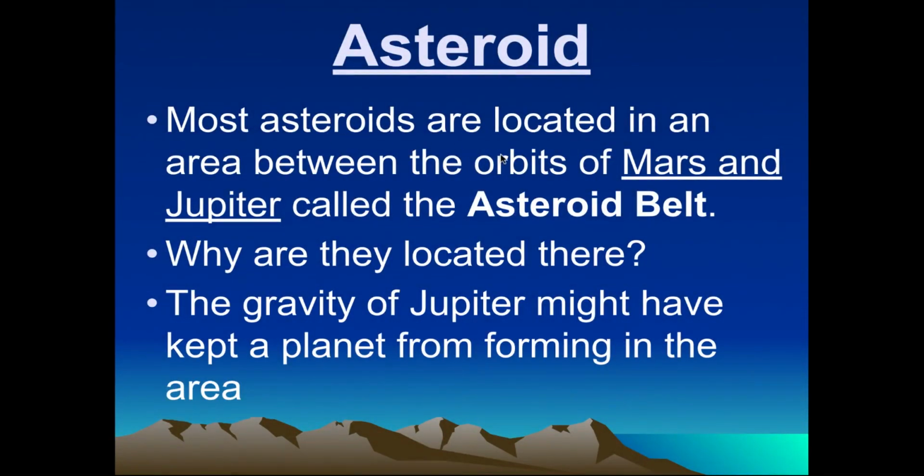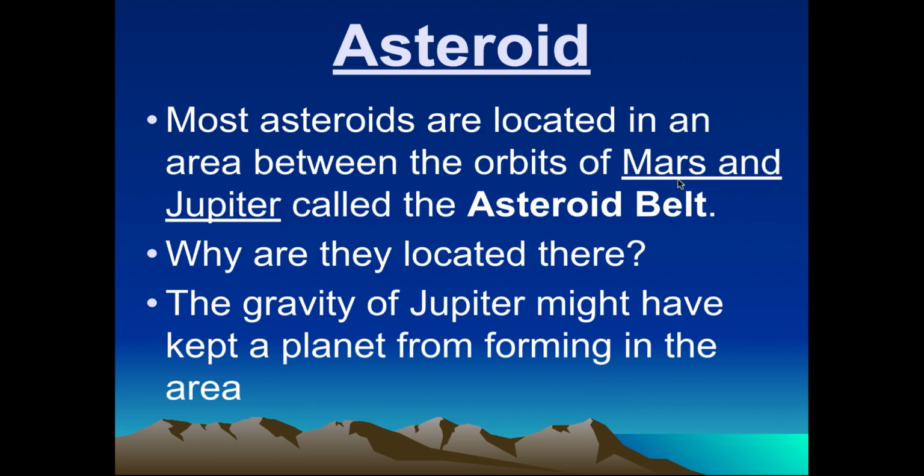So most asteroids are located in an area between the orbits of Mars and Jupiter, which is called the asteroid belt. So why do you think that they are there? There's a big ring of asteroid rocks that exist between Mars and Jupiter. And why are they located there?